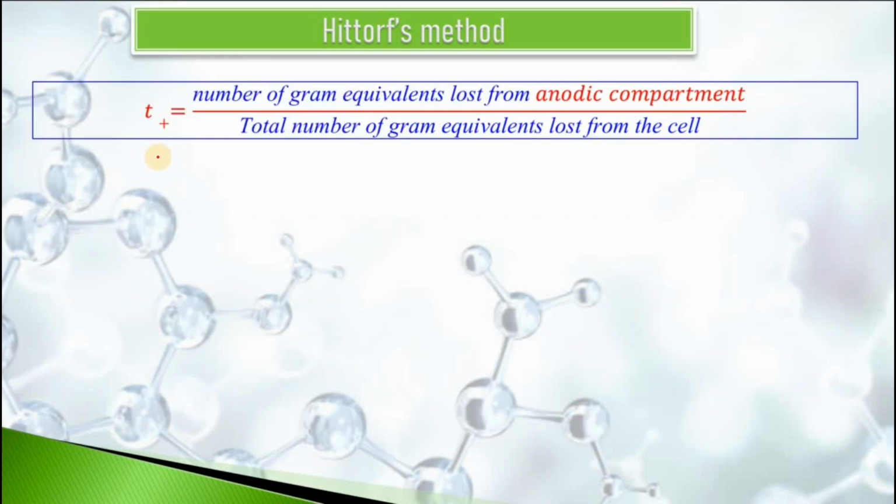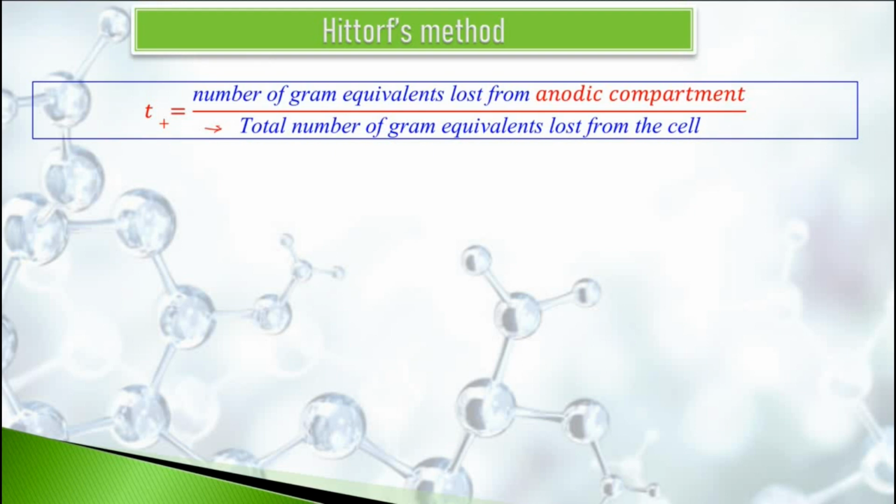So far we have got this expression for the transport number of a cation. Again, focus on the denominator. It says the total number of gram equivalents lost from the cell. The electrolytic cell is filled with a solution of cations and anions. When electrolysis takes place, these ions get deposited or evolve at the electrodes. So whatever gram equivalents are lost from the cell will be equal to the number of gram equivalents deposited at each electrode.